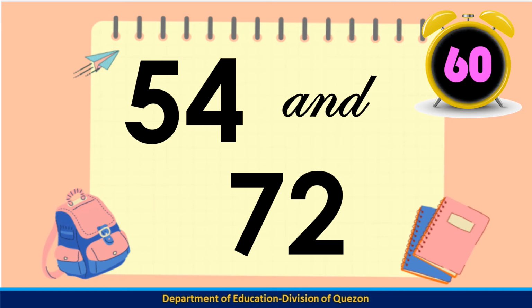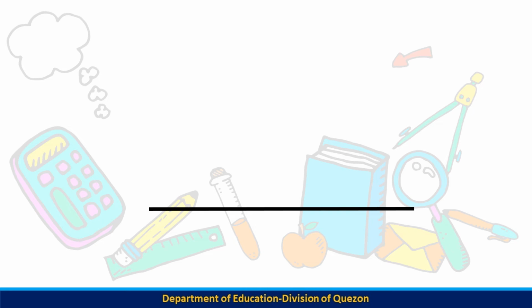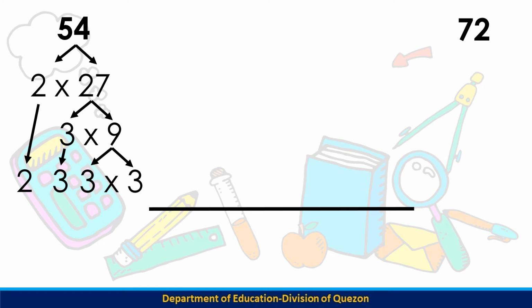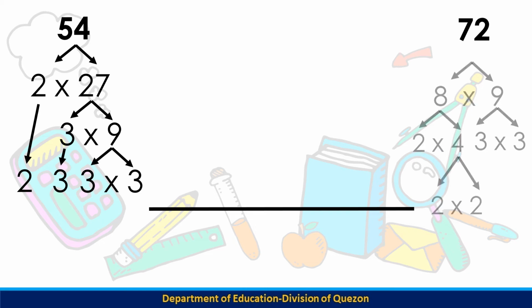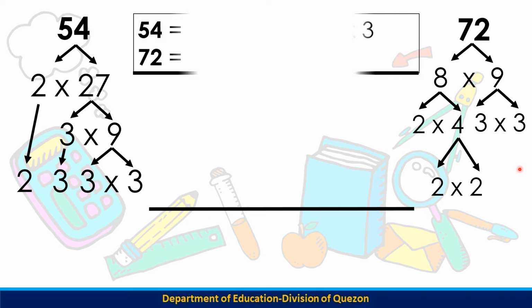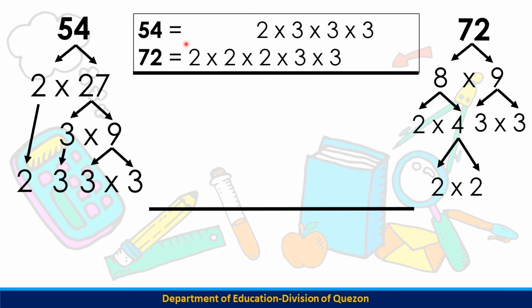Let us answer. Let us have 54 and 72 in prime factorization method. In 54, we have 2 times 3 times 3 times 3. And in 72, we have 2 times 2 times 2 times 3 and 3. We have the same numbers here.